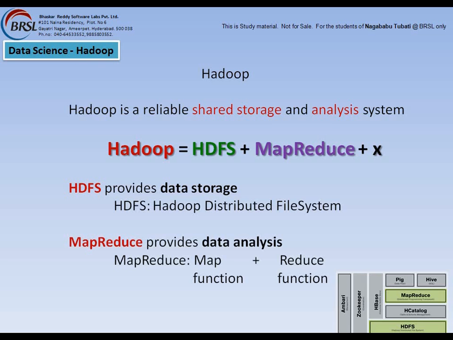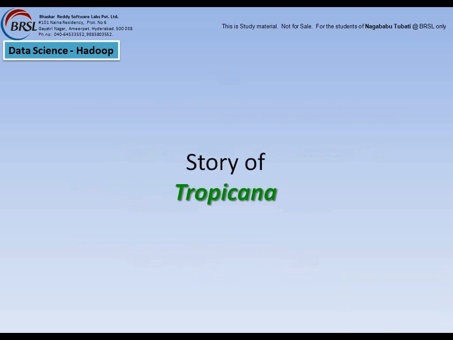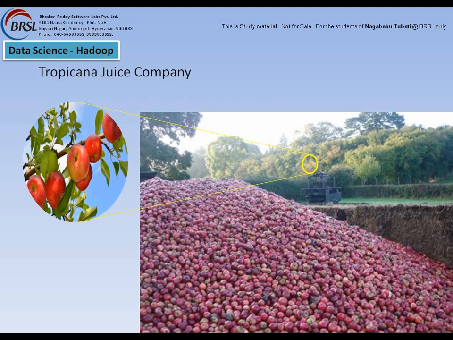But before we go into technical details of HDFS, let us have a real life analogy for HDFS. Story of Tropicana. We all know the company Tropicana, which is famous for producing and selling the juices. The company Tropicana is harvesting apples in very large fields. We can find a large pile of apples.